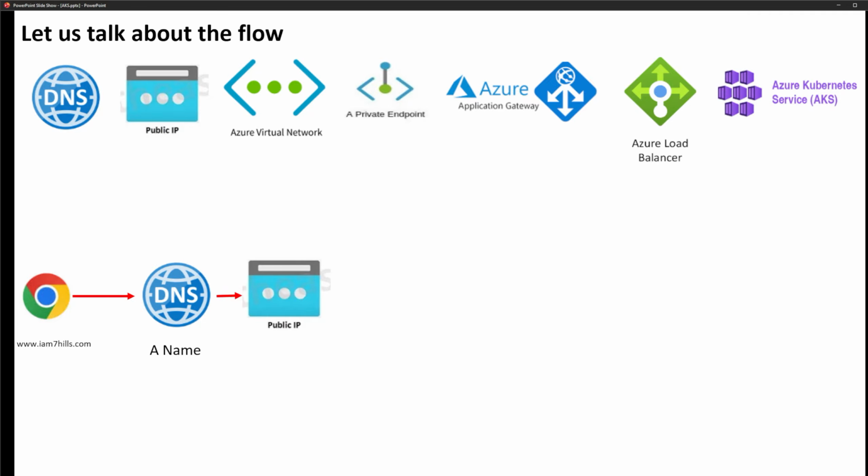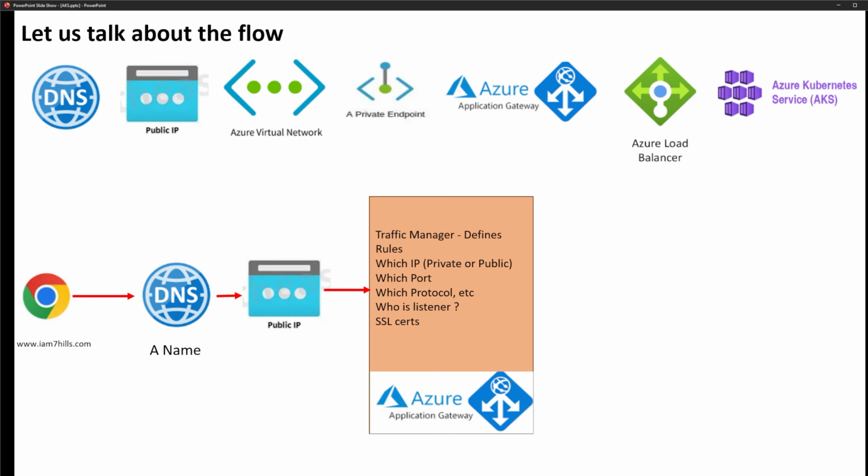That IP is going to be a public IP in the Azure portal, which we will be creating and attaching to your Azure application gateway. This application gateway is responsible for transferring the traffic between your AKS cluster and your browser. In order to secure the connection between your Azure application gateway and AKS, you can use private link and private endpoint.